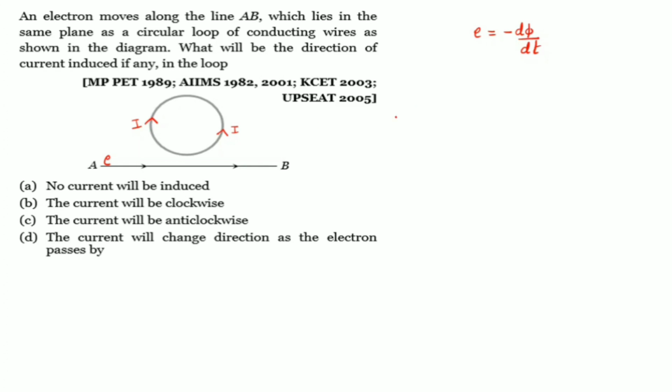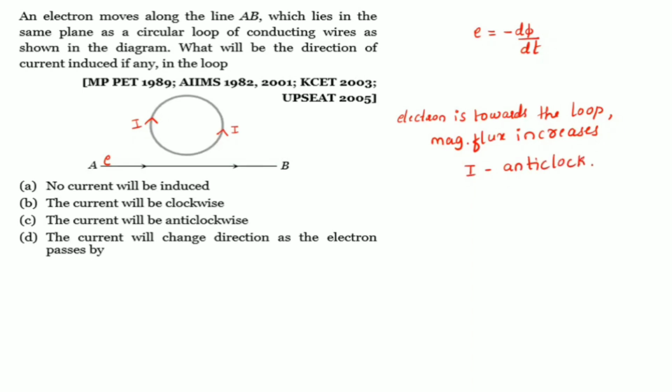Right? See here, when the electron is towards the loop, magnetic flux increases, so that current is induced in the loop, but it is moving in anti-clockwise direction.